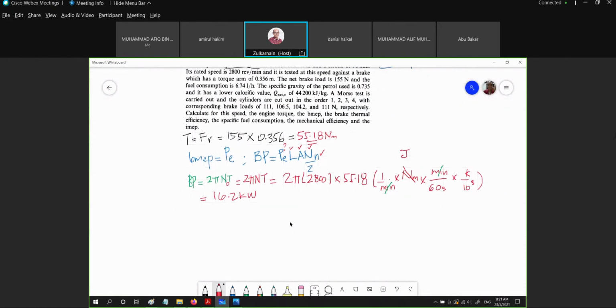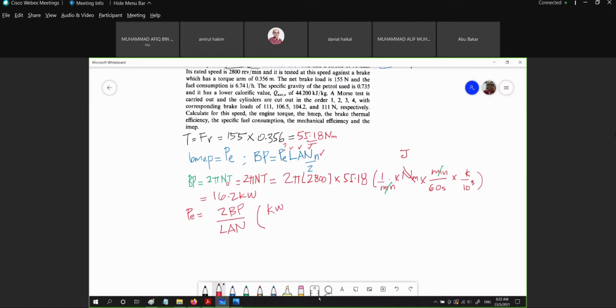So what is PE? PE is equal to, ini adalah PE. Jadi 2 BP divided by LAN. Okay, kalau kita lihat unit dia, apakah unit bagi BP? Unit bagi BP adalah kilowatt.